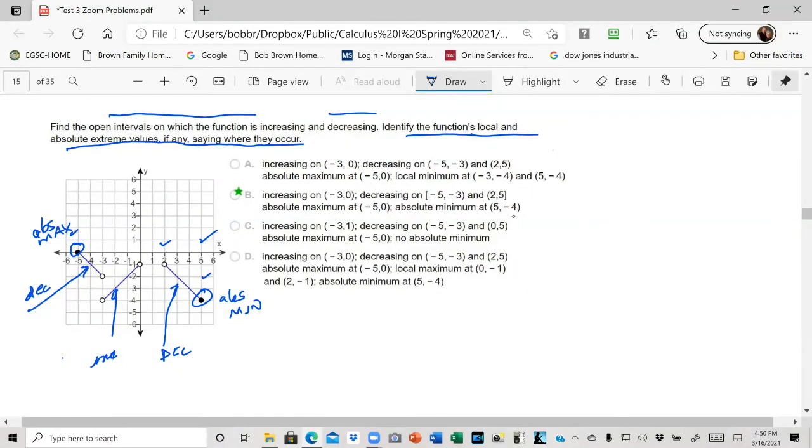So it looks like the answer here is going to be A, increasing minus 3 to 0, decreasing minus 5 to minus 3, and from 2 to 5. And we have the absolute max at minus 5 and 0, and the minimum at 5 and minus 4.